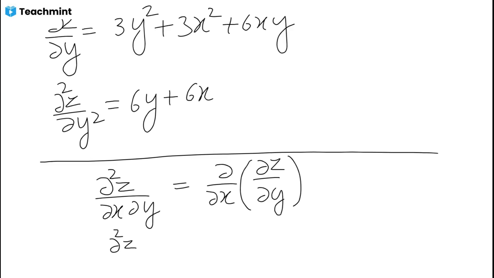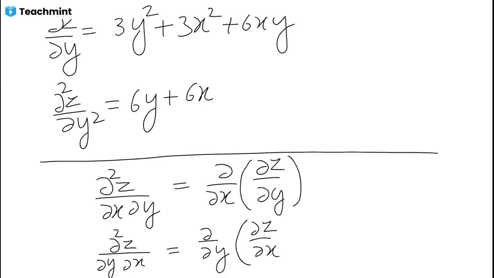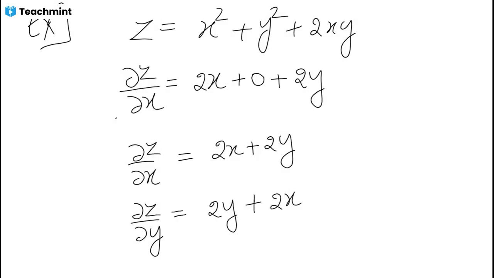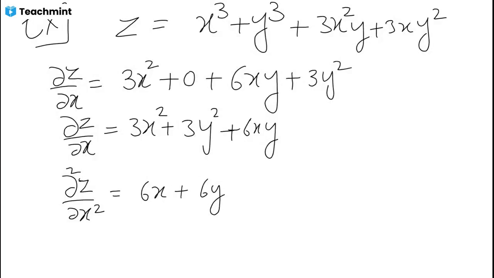Del square z over del y del x, that is, del over del y of del z over del x. So let us differentiate this one with respect to y, to find del square z over del y del x.